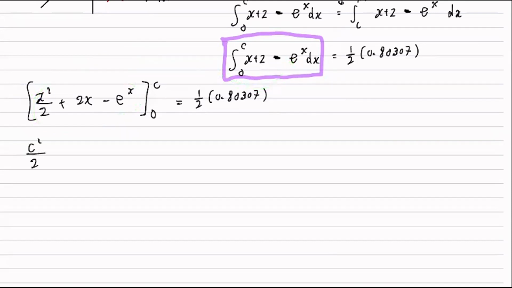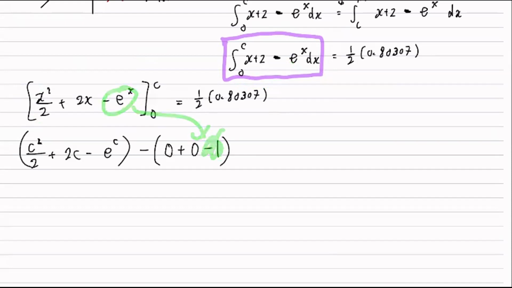So c squared over 2 plus 2c minus e power c, minus the bracket at 0: 0 squared over 2 is 0, plus 2 times 0 is 0, minus e power 0 is 0. Wrong, it's actually 1. Are we clear on that? Minus 1? Yeah, anything to the power 0 is 1. This one a lot of students miss out. Equals half times whatever.